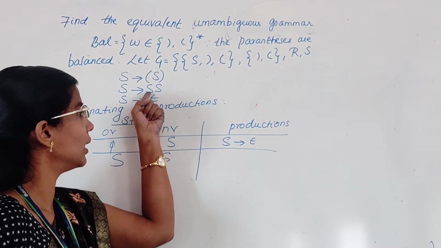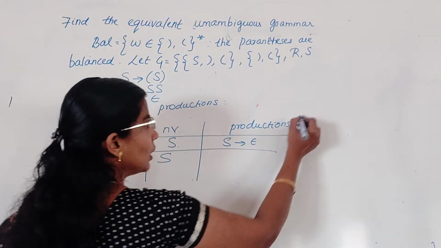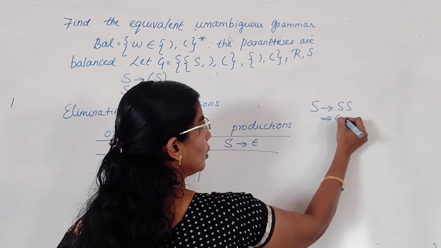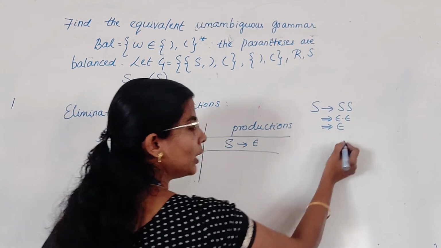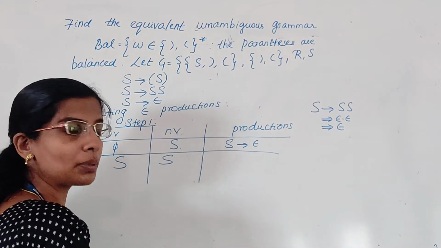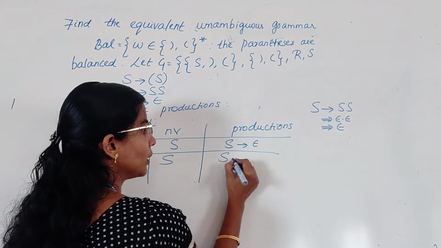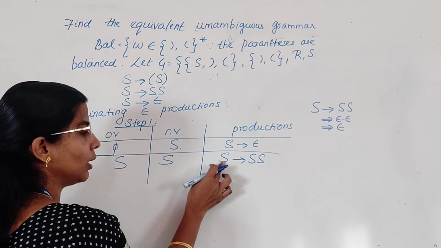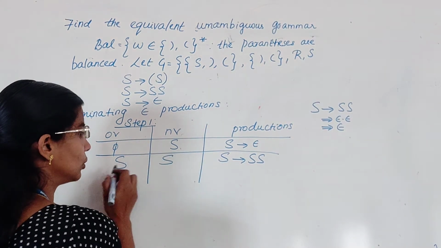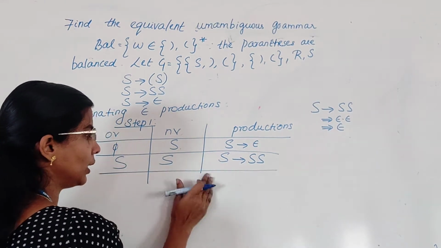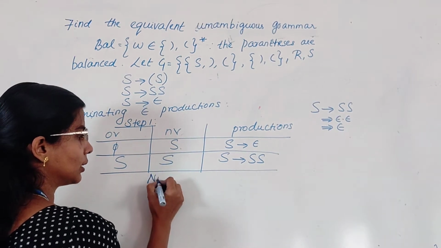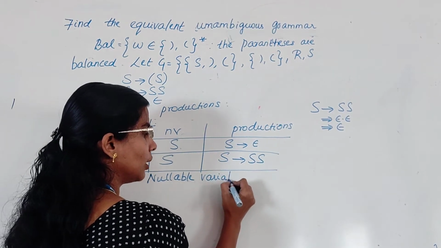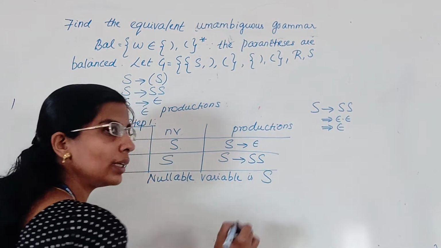Here, S tends to SS, substitute epsilon, and you'll get only epsilon on the RHS. So you can write this production. This variable is there already, so you won't get anything new. So here the nullable variable is S. Nullable variable is your start symbol S.